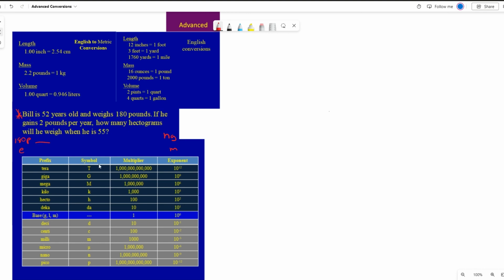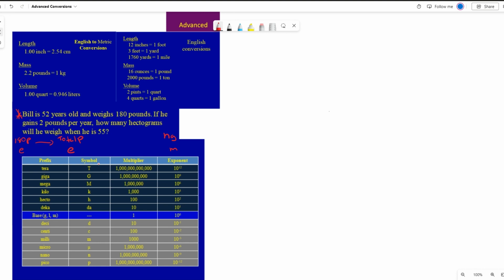The first step is to find out total pounds, how much he gained, and that's still in an English unit. Once we find his total weight, because he had several years to gain weight at 2 pounds per year, we'll know his total weight in pounds. Then we need to convert pounds into hectograms.